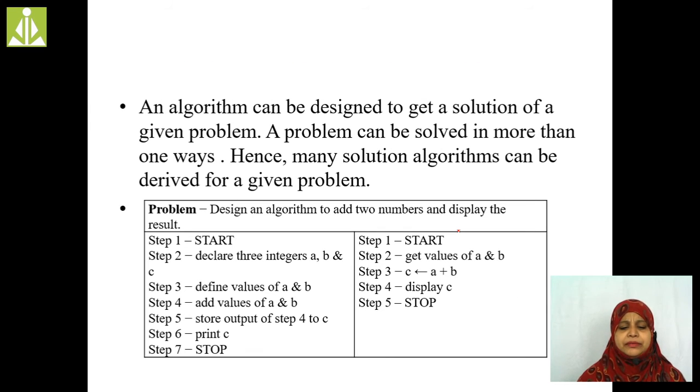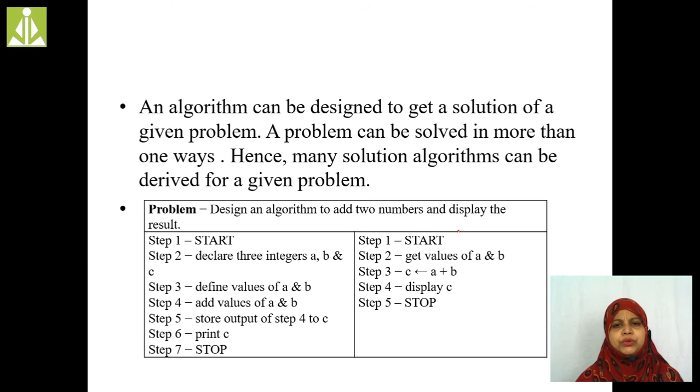Next, an algorithm can be designed to get a solution of a given problem. A problem can be solved in more than one way. Hence, many solution algorithms can be derived for a given problem. For example, I am programmer one, I am going to write one type of solution for the problem.